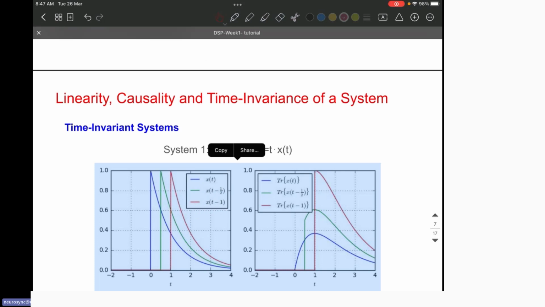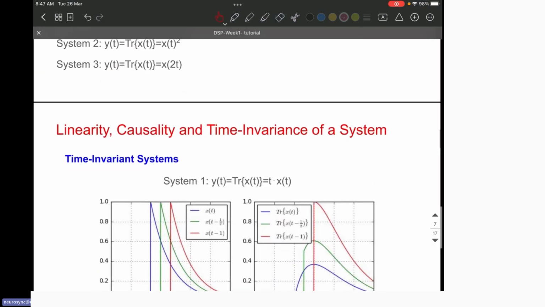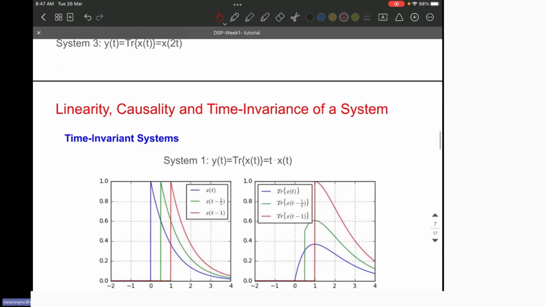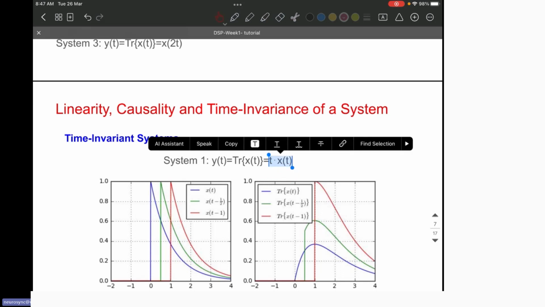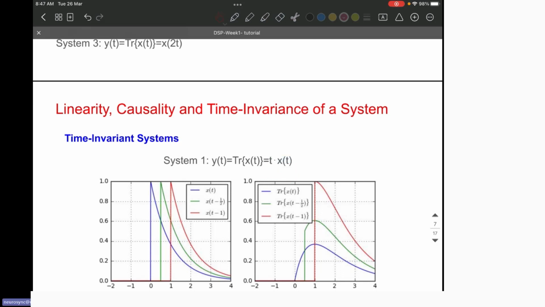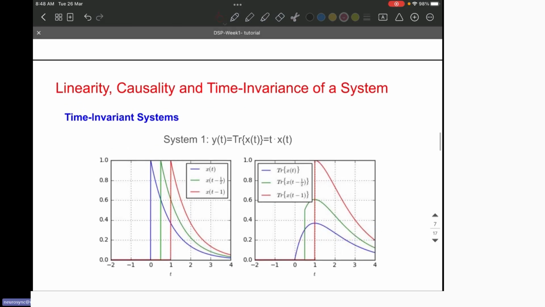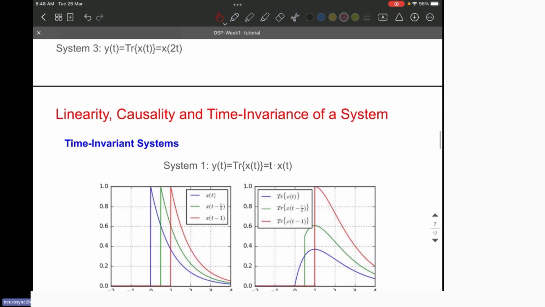Now, if you apply these input signals on the system y of t equals t times x of t, you get outputs like this: for the original signal, this; for the half shifted signal, this; and for the signal shifted by one, this.